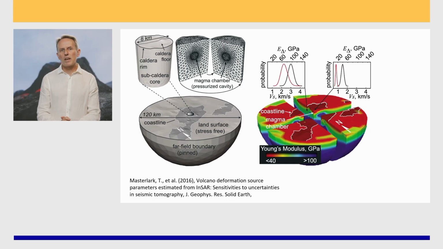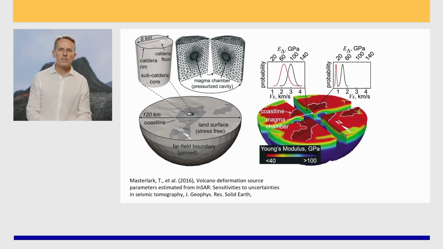The panel on the left shows a domain of the numerical model using the so-called finite element method. Exploded views on the left reveal the subcaldera core, pressurized magma chamber, and the mesh. In this model, the values of elastic strength parameters in each location, including the so-called Young's modulus, denoted E, were applied in the model based on results from seismic tomography.